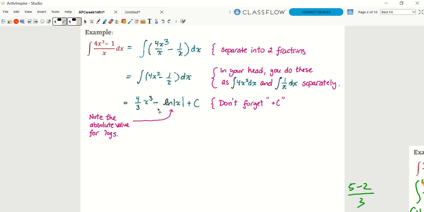And here is a list, or over here rather, okay, we have an example where I think I may have gone over this in a previous video, but we basically convert this 4x cubed over x. You think about that as 4x squared because x cubed on top, x on bottom becomes 4x squared. And then 1 over x, okay, you think about that as x to the power of negative 1.